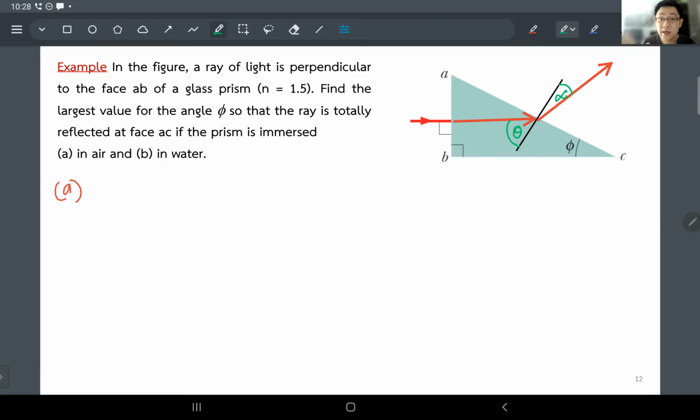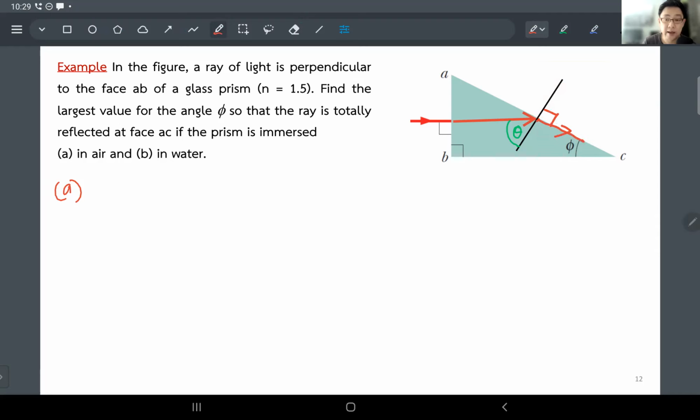Okay, so this is a regular condition, but for our condition in this problem, they said, hey, I don't want anything to get through the surface AC. They want total internal reflection to start happening. So that's the whole trick. In this particular problem, you don't have to do anything else except assume that the outgoing ray is going to be at 90 degrees.